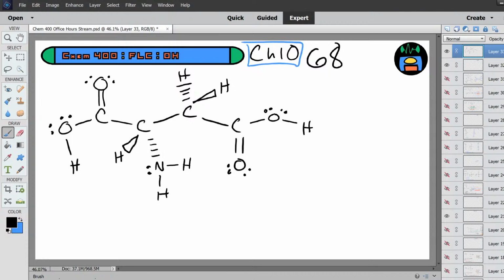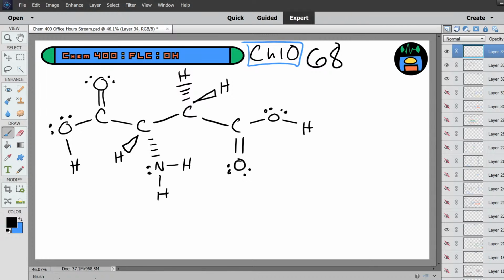But now here we are. All right, and now here's the thing. Again, for labeling hybridization, what you have to remember is the number of electron groups. The number of electron groups determines the hybridization. So 2 groups is sp, 3 groups is sp2, 4 groups is sp3, 5 groups is sp3d, and 6 groups is sp3d2.